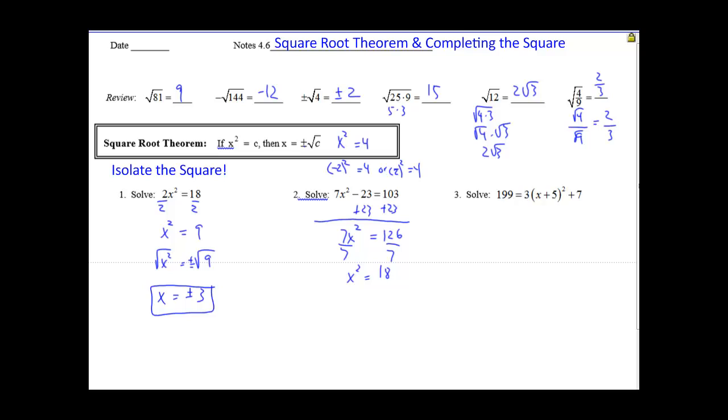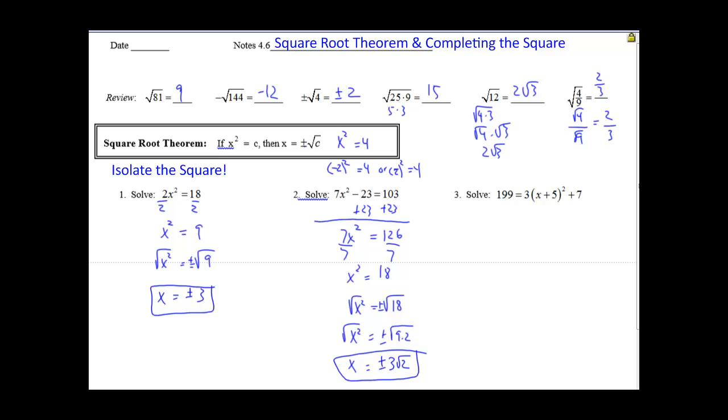Now we have to think, what times what equals this 18? So when we take the square root of x squared, take the square root of 18, we know there's going to be a plus or minus here. We can also look at this as x is going to equal the square root of 9 times the square root of 2. So we know that it is plus or minus 3 radical 2.